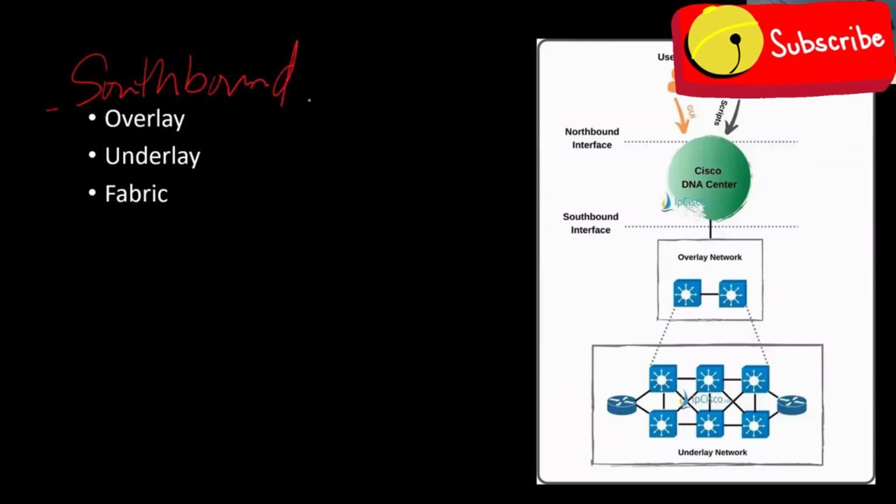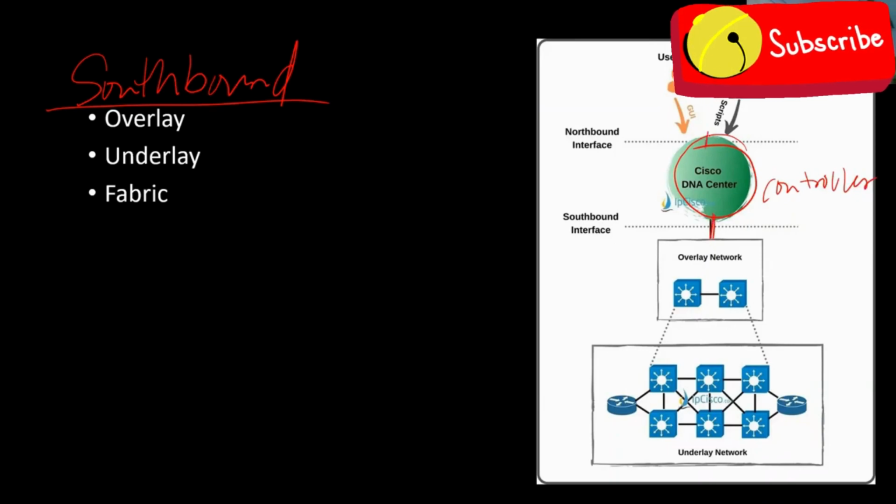Like I said, the southbound interface has 3 parts to it: overlay, underlay, and fabric. You will hear these terms go along with what happens on the southbound interface. And again, this is the Cisco DNA Center, our controller, with our southbound and our northbound.